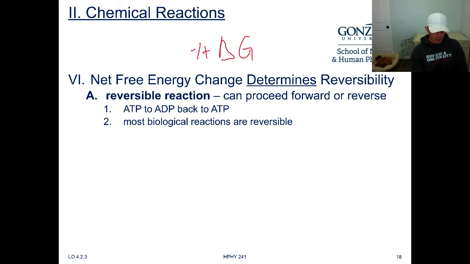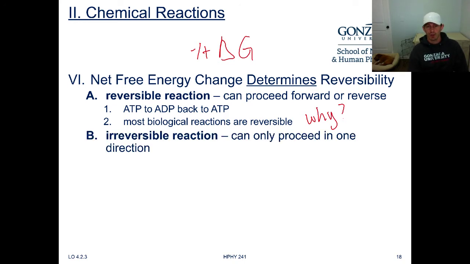When we say a reaction is reversible, it can proceed in the forward or reverse direction. I've already hinted at this with breaking ATP down to ADP and releasing a phosphate, and then trapping that phosphate, reforming that bond to convert it back into ATP. That's a reversible reaction. In fact, most of the reactions that occur in our cells are reversible. Again, another question that relates to the one I asked earlier: why? What's the advantage here?